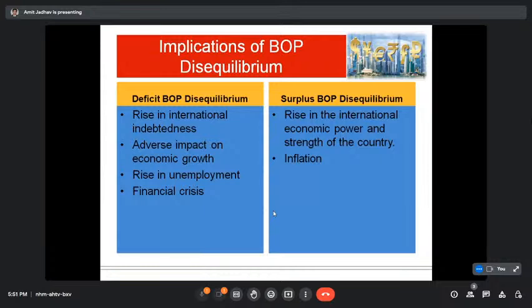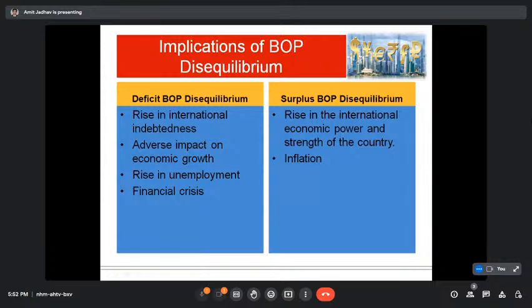Rise in international indebtedness means a country's external debt will continuously rise, because if each and every year they are getting a deficit in their balance of payment, and facing such a problem for a long period, then to cover the deficit they have to take a loan from external sources. It may be some country or some international organization, and it will cause rising indebtedness of the country.